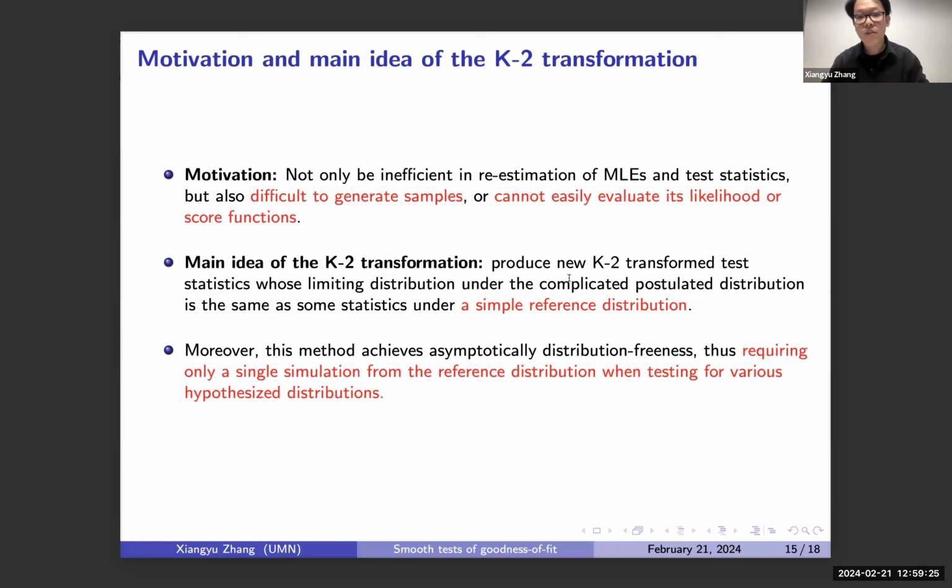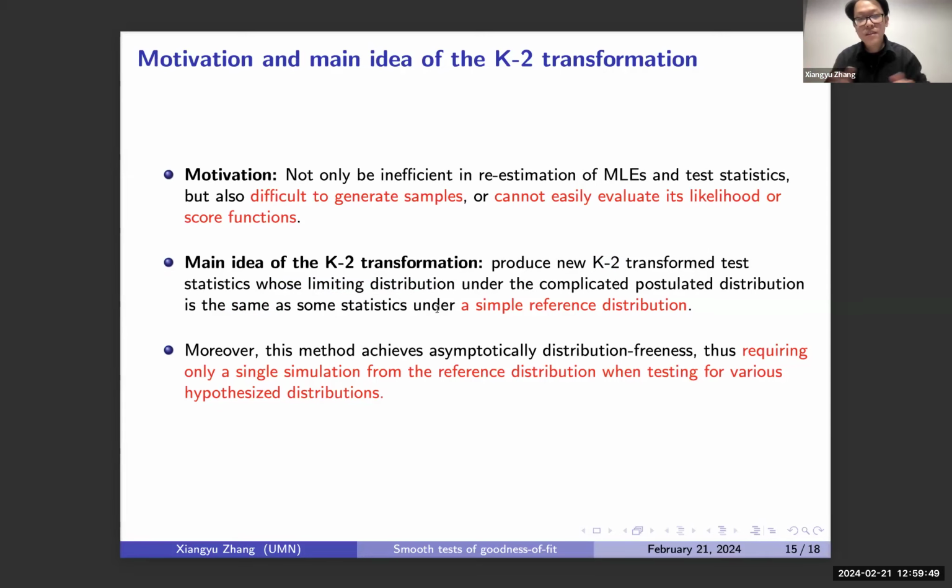We will not go over it because it would be too technical. I will give you a reference and tell you the main idea. The main idea of this K2 transformation is that we can produce new K2-transformed test statistics whose limiting distribution under the very complicated postulated distribution is the same as that of some test statistic under a very simple reference distribution.